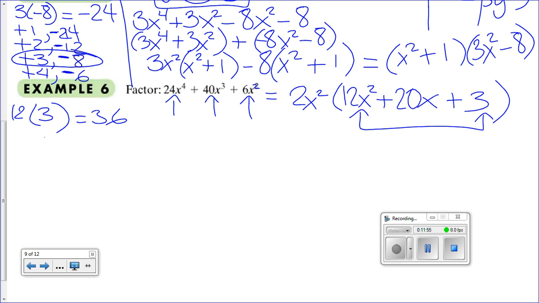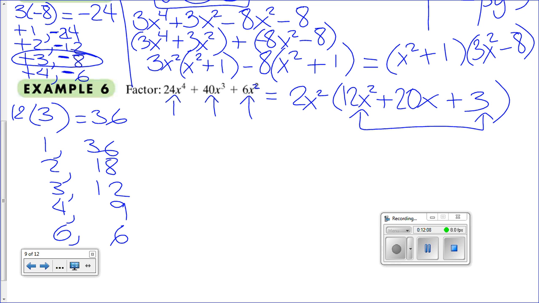Factors of 36: 1 and 36, 2 and 18, 3 and 12, 4 and 9, 6 and 6. They're all positive, which combination gives me positive 20? 2 and 18, right here.